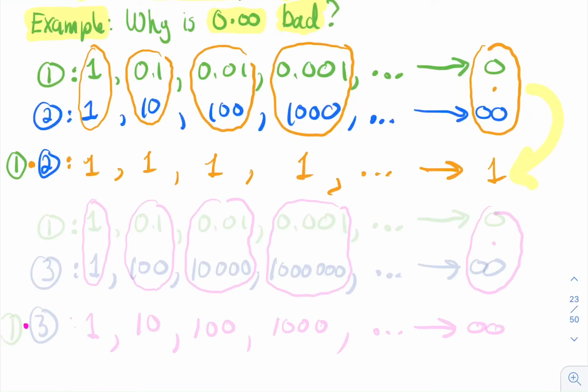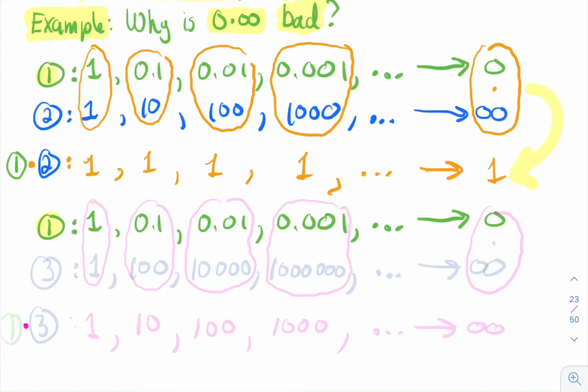So here we go. You copy. Okay, so the same sequence going to 0 here. 1, 0.1, 0.01, 0.001.